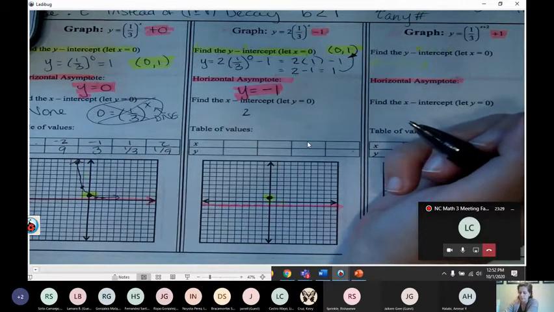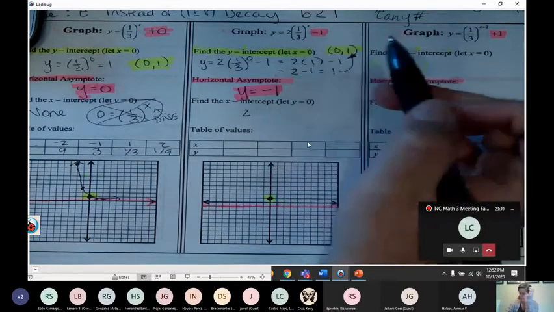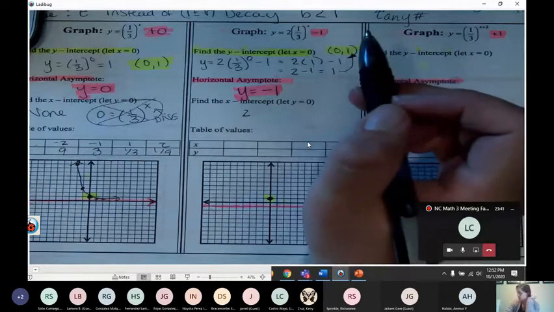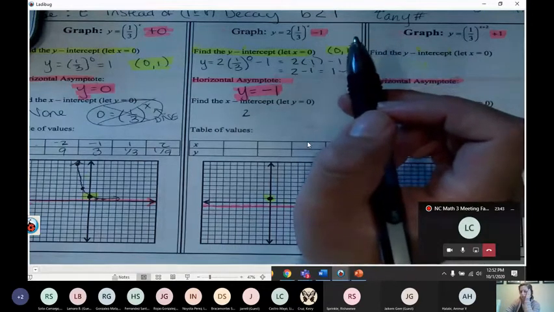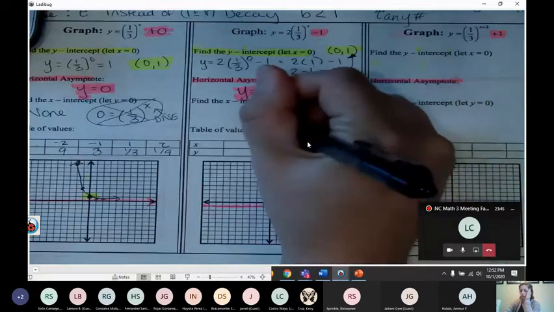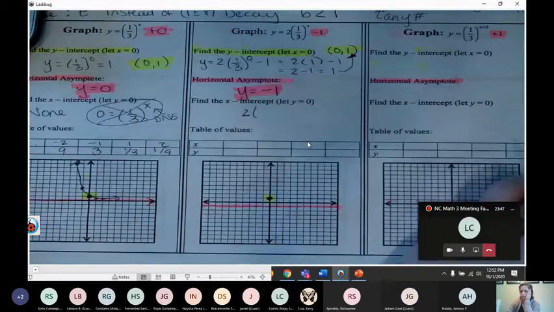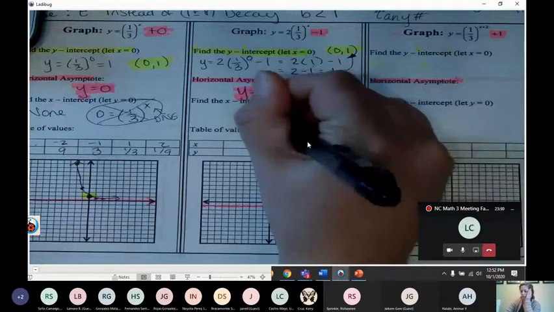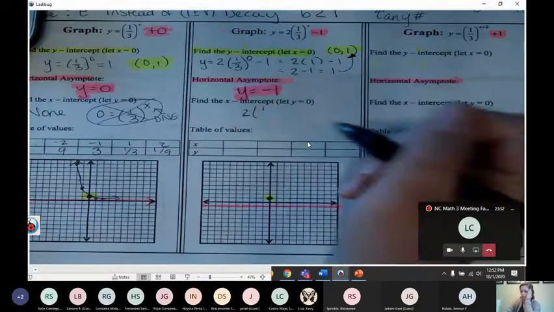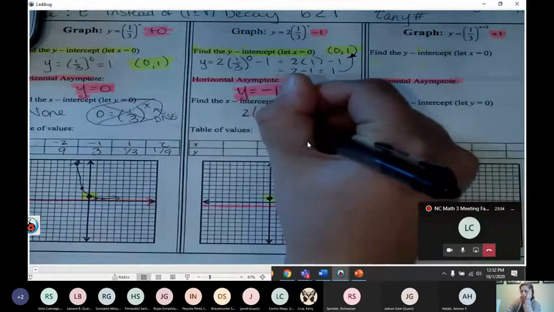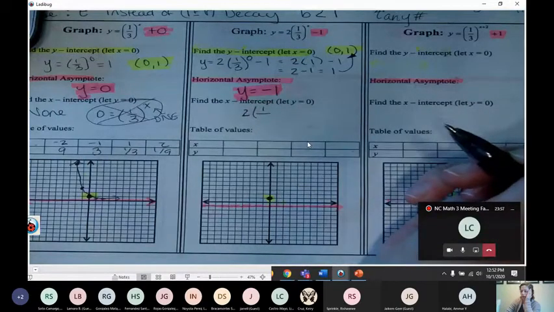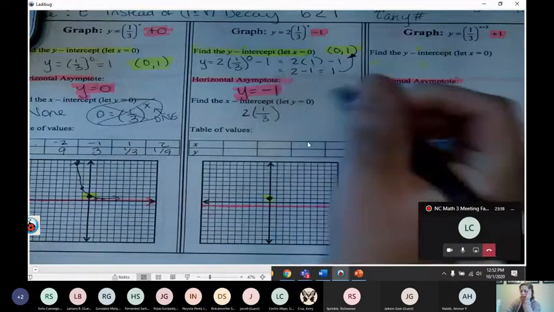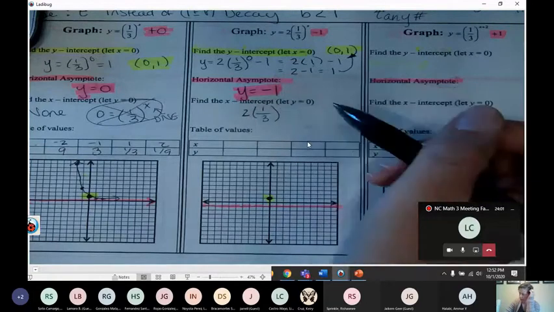And then what? And 1. Parenthesis, 1. And the base is like 1/3. And then the -1. Yeah, -1 at the end.